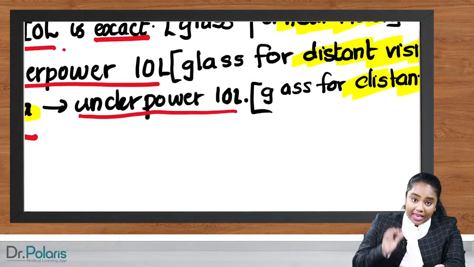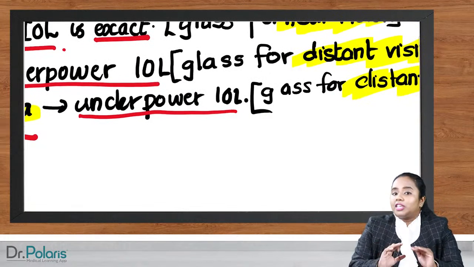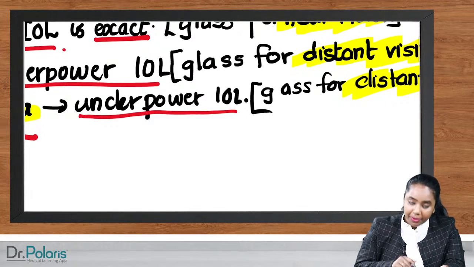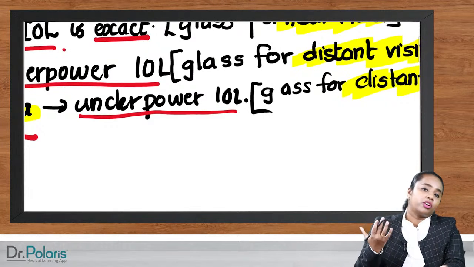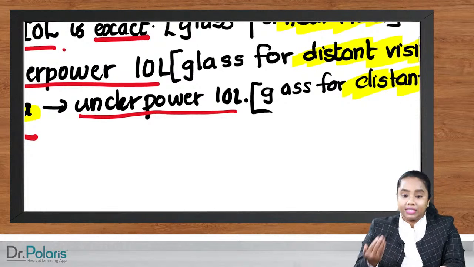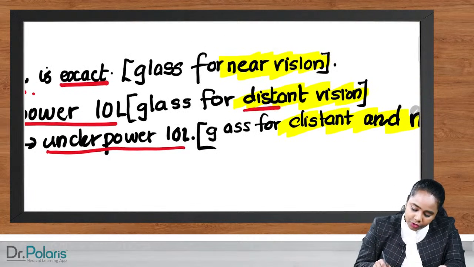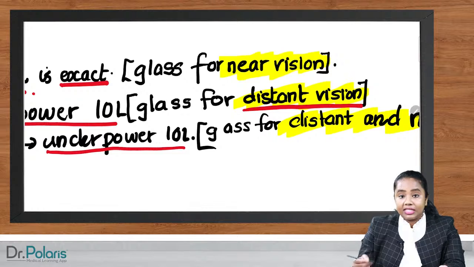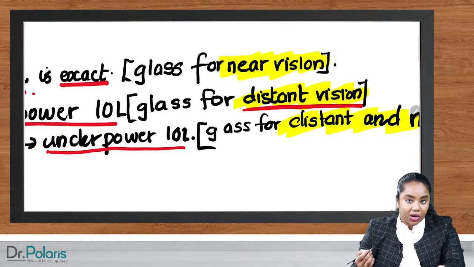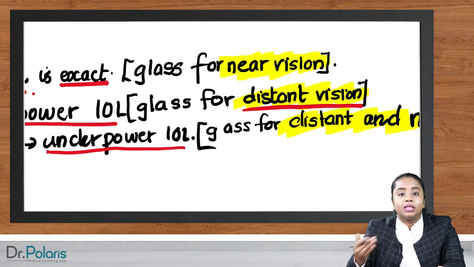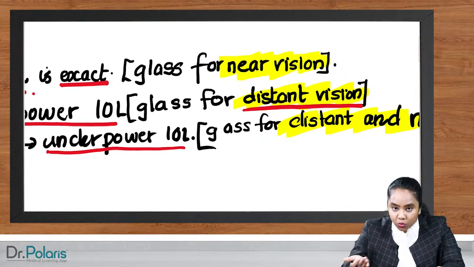In case of emmetropia, I told you the patient will require glasses only for near vision. Now, in case of consecutive hypermetropia or consecutive myopia, what does the patient require? In consecutive myopia, the patient will require a glass for distant vision. The distant vision is going to be in trouble, so a glass should be given to fulfill the patient's needs for distant vision.